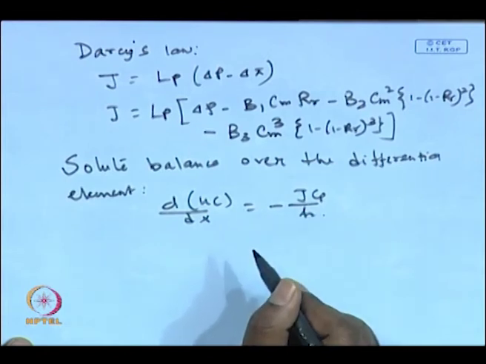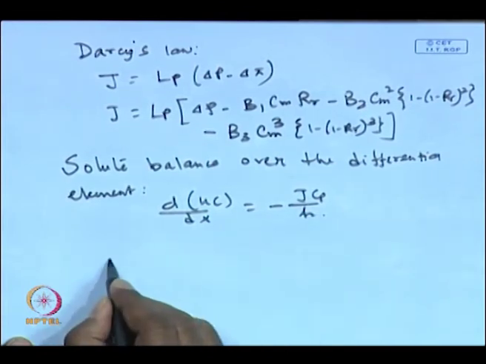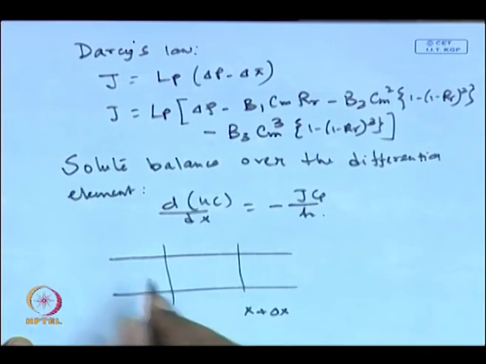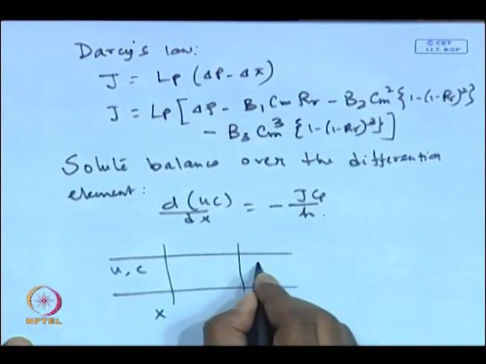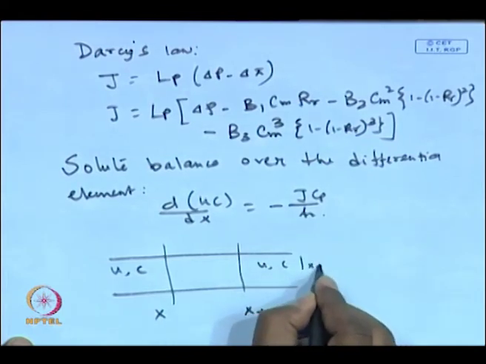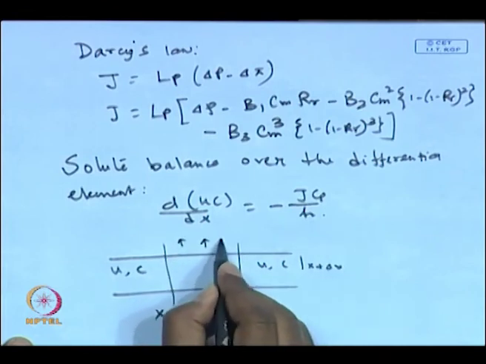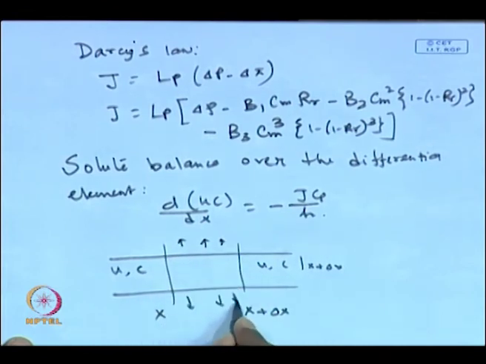If you want, you can do it on a differential element. Let's say these are u at location x, C at location x, and this is u and C at x plus delta x. And what is going out is nothing but J, and Cp is the permeate concentration.